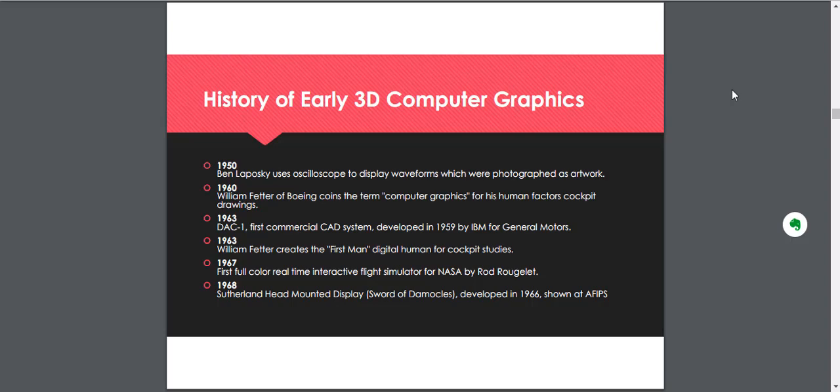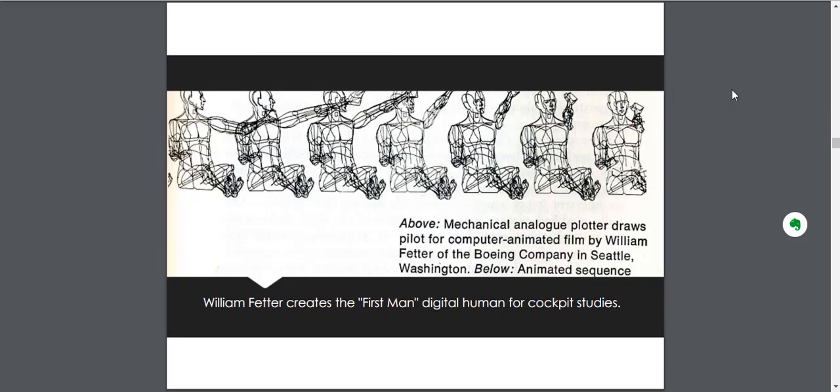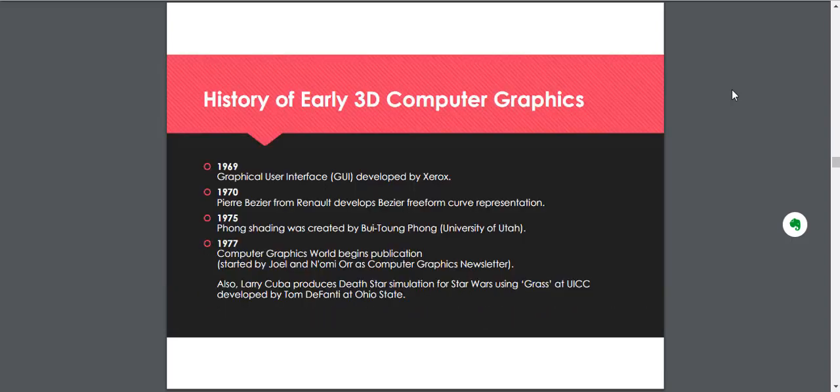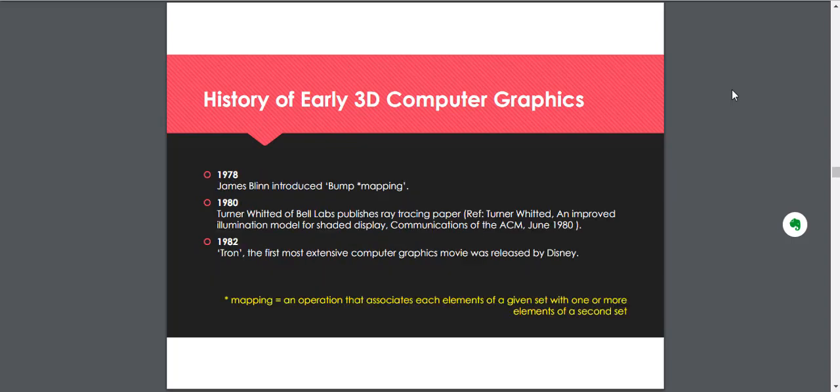Like, we started with the development of 2D computer graphics, and then what came after that. Probably in the 70s we're starting to get more 3D, and all the shaders were developed, that kind of thing. You don't really need to memorize all this, but know what items belong in which era.